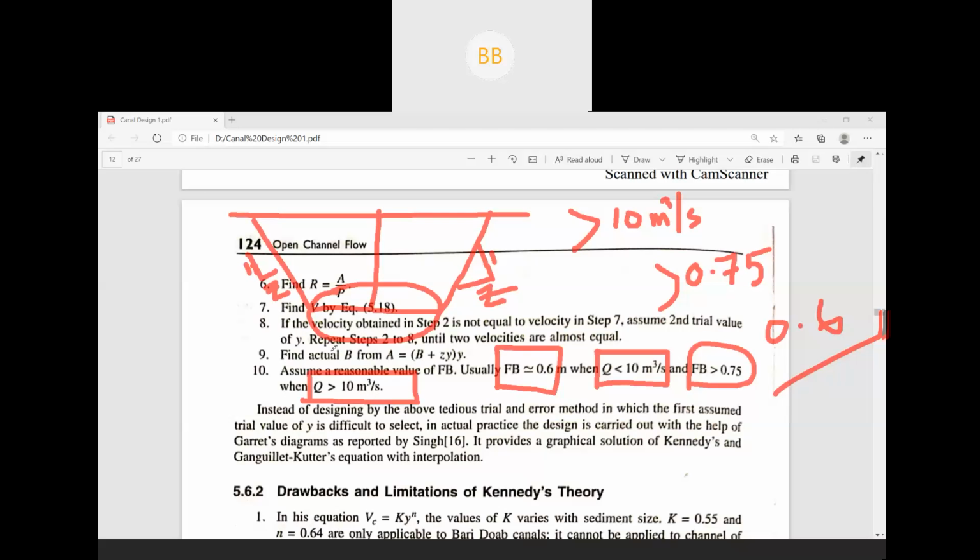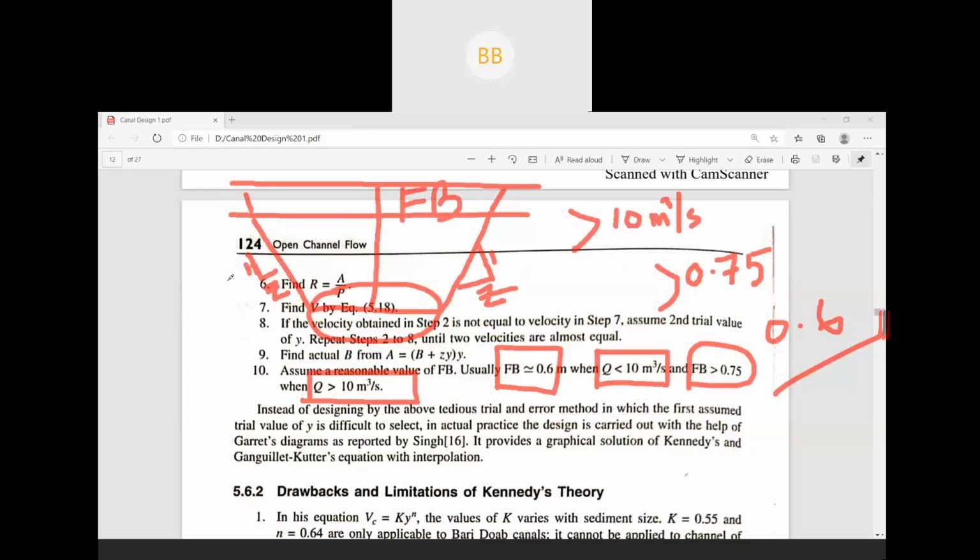That is why in step number 9 we have to find out the actual width of the channel. Then we are going to provide some extra portion, that is, extra depth of flow, which is also called freeboard.